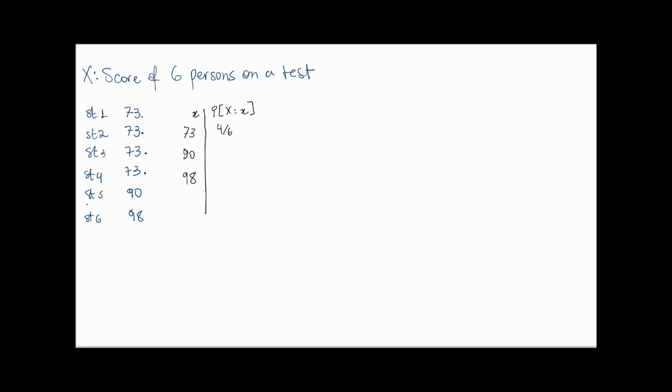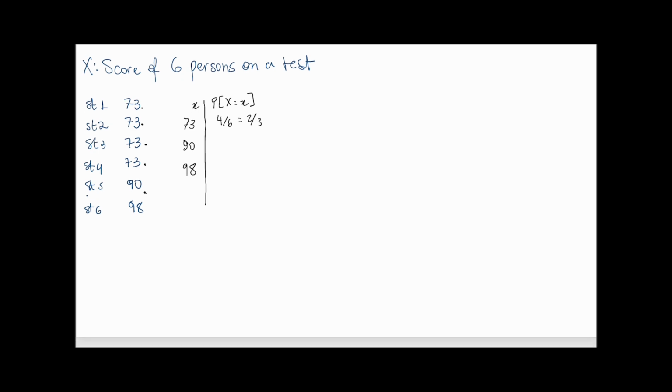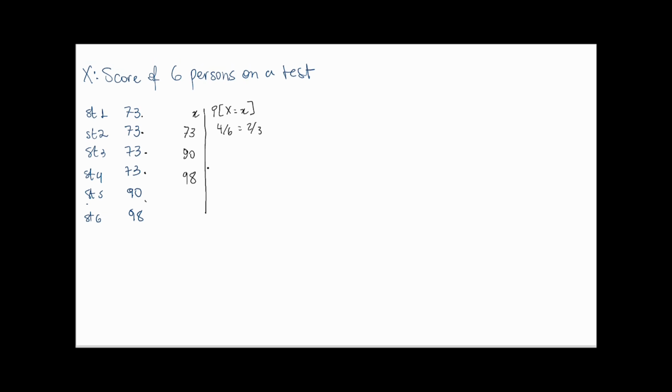So this is 4/6, or 2/3. What's the probability that you have a 90? Well, a 90 is 1 over 6. So let's do 1/6. And the other one is 1/6 as well, for 98. Okay, so this is the PDF for my random variable.